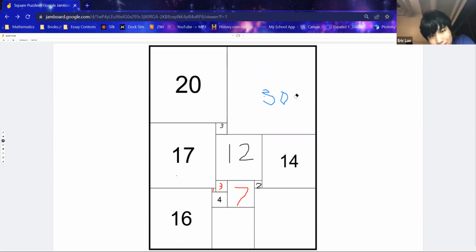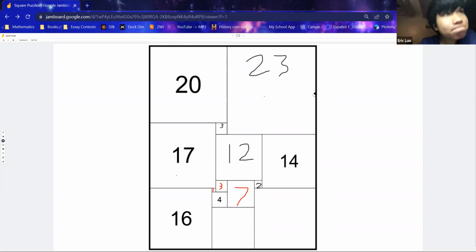Like the ones that we did before, we can do addition to figure it out. But Loy, why do you think it's 30? What is your reasoning? Someone just erased the 30, and I don't think it was me.